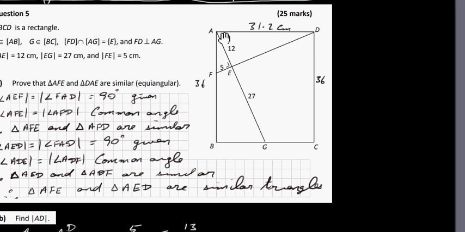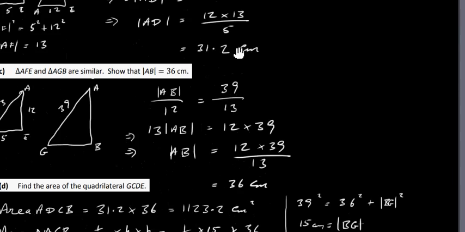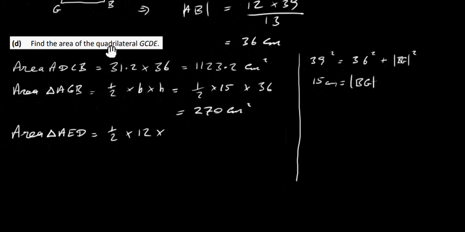So I'm going to have to use Pythagoras' theorem to find this as well. This squared plus this squared is equal to this squared. So I have 31.2 squared is equal to 12 squared plus the distance from E to D squared, which I'm looking for.